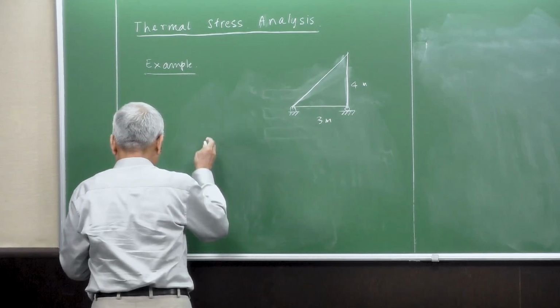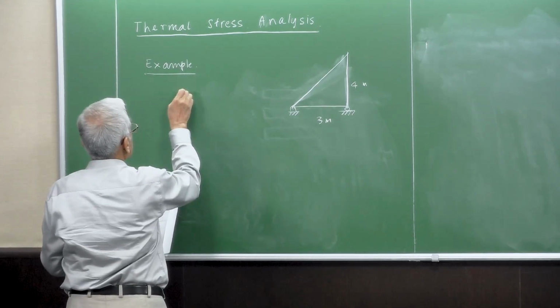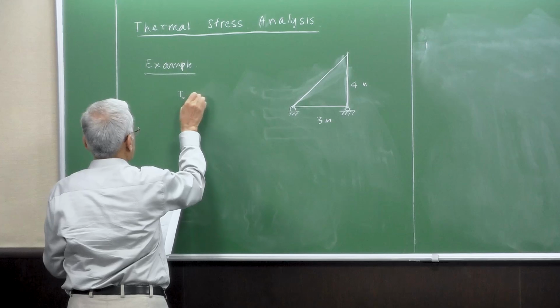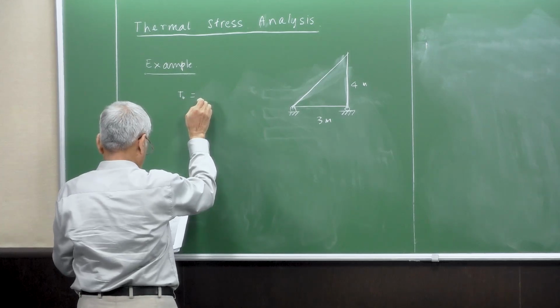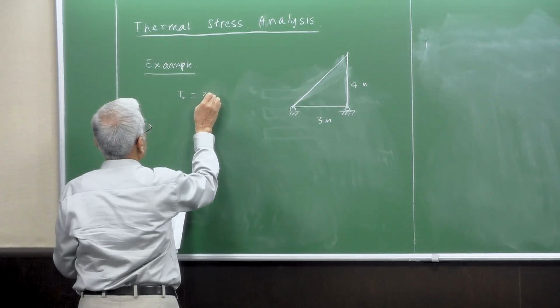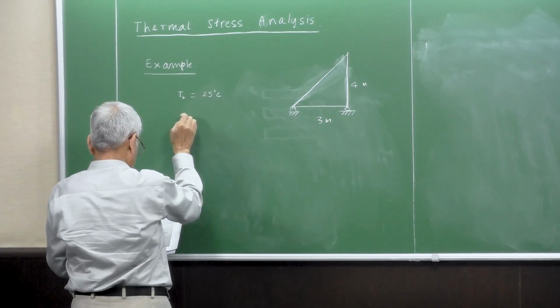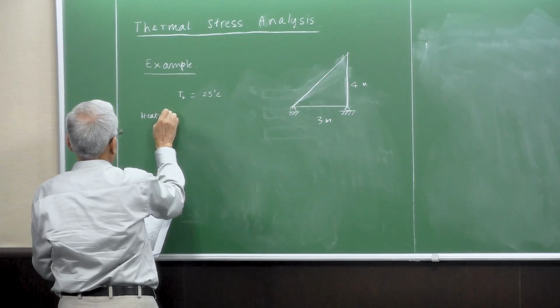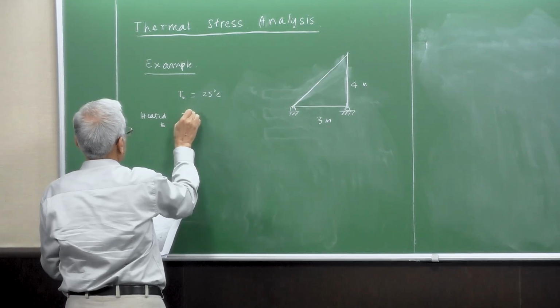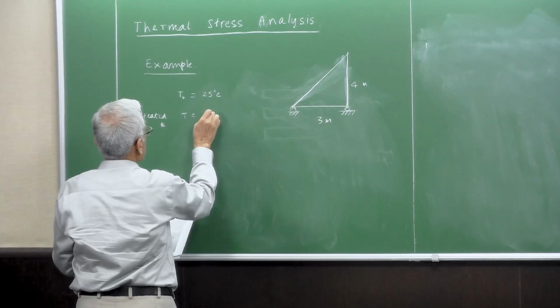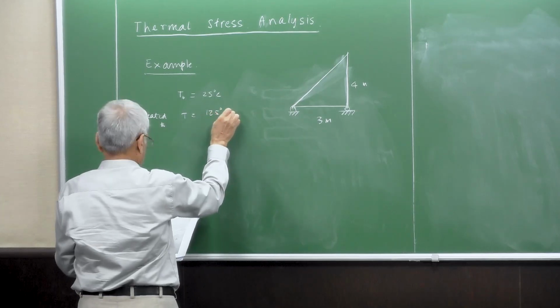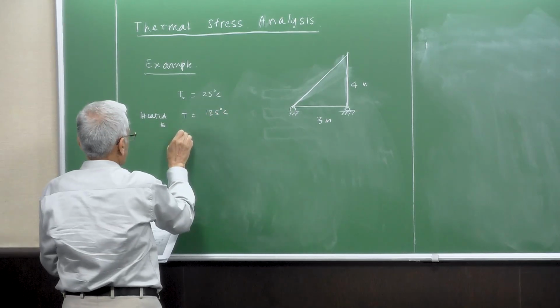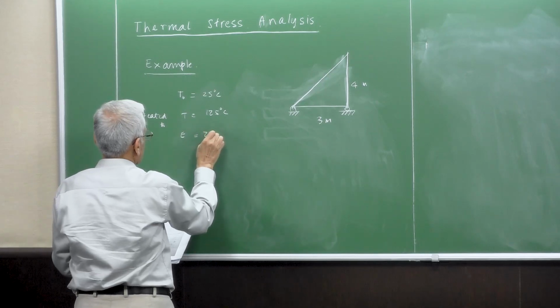The temperature T naught is 25 degrees and heated to 125. Young's modulus is 210 GPa.